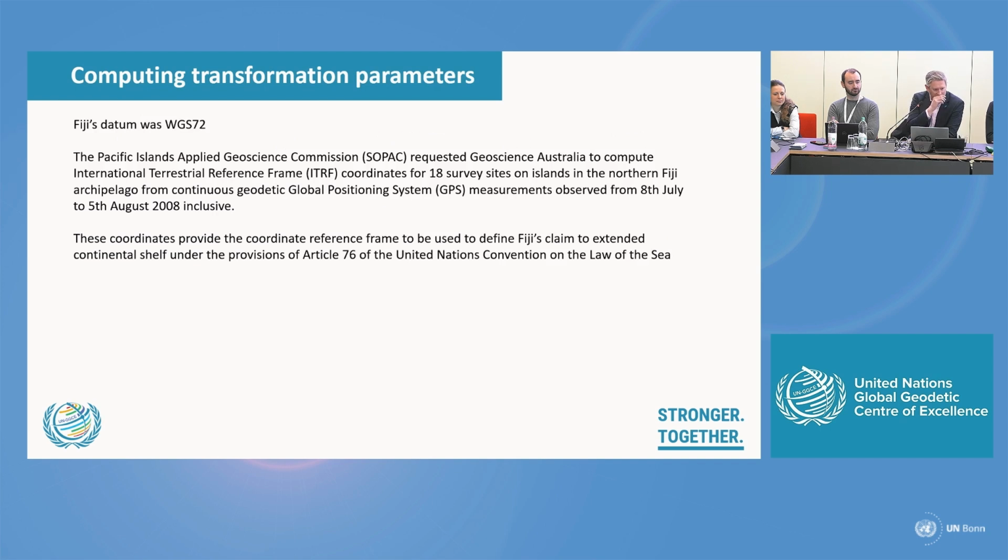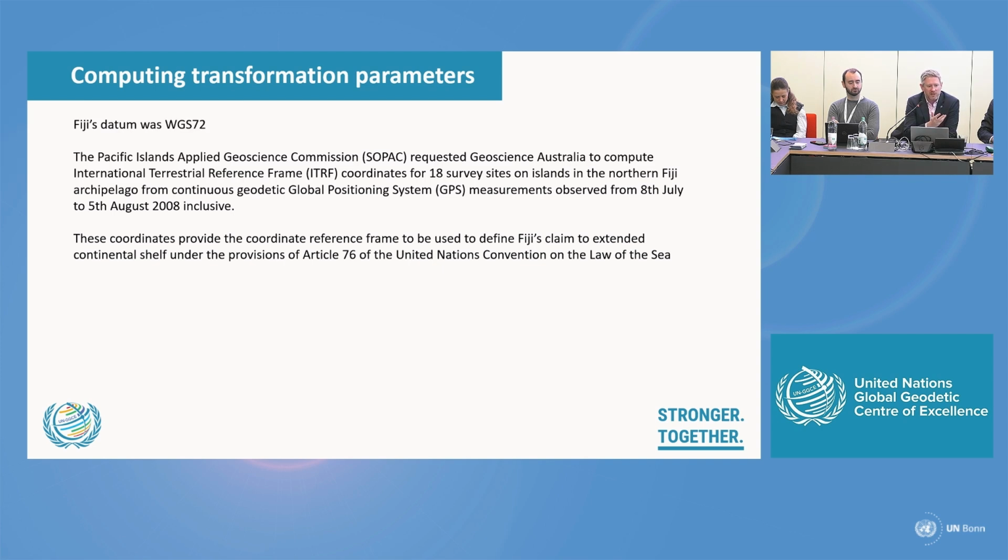This is the example. So the Fiji datum, and it still is today, is WGS72. There's an organisation called SOPAC, a regional organisation who work in the Pacific, and because they don't have a lot of capacity for some of these geospatial technologies, they work out of Fiji but support 14 different Pacific Island countries.